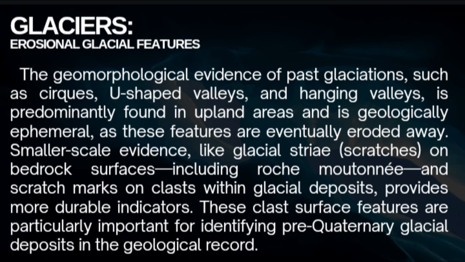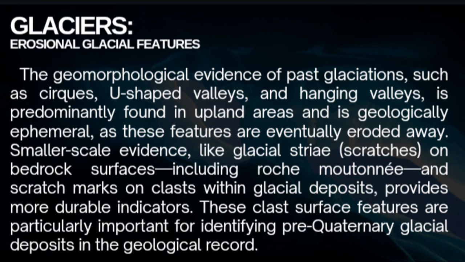Next, erosional glacial features. The geomorphological evidence of past glaciation, such as cirques, U-shaped valleys, and hanging valleys, is predominantly found in upland areas and is geologically ephemeral as these features are eventually eroded away. Smaller scale evidence like glacial striae on bedrock surfaces, including roches moutonnées, and scratch marks on the clasts within glacial deposits provides more durable indicators.